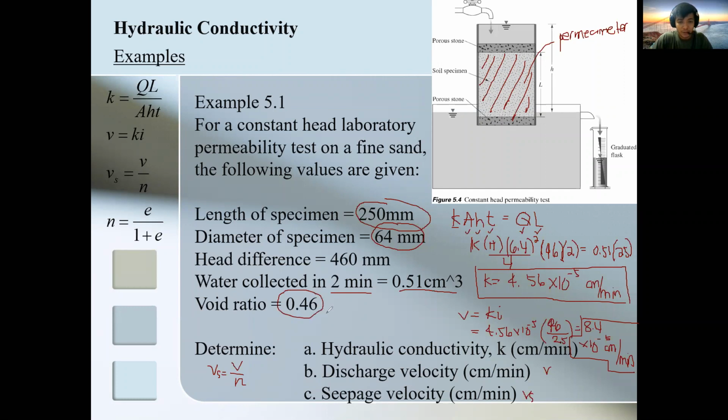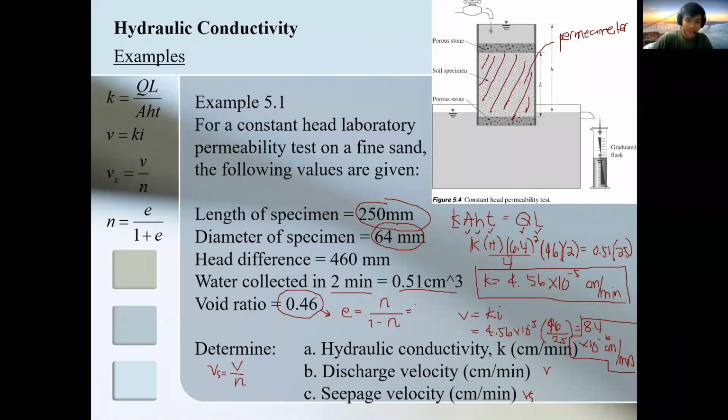If you still remember the formula from the weight-volume relationship topic, the void ratio e in terms of n is the formula.